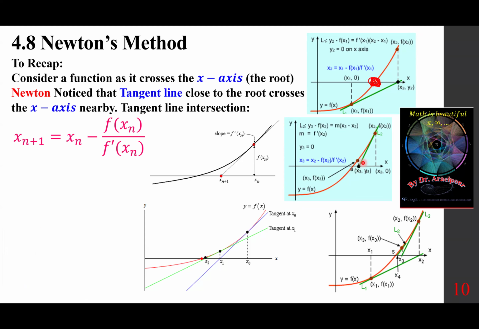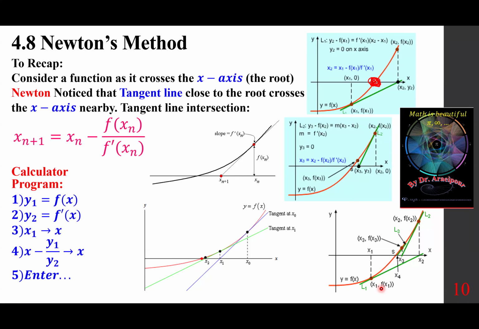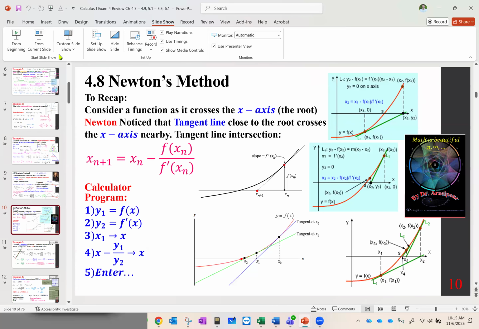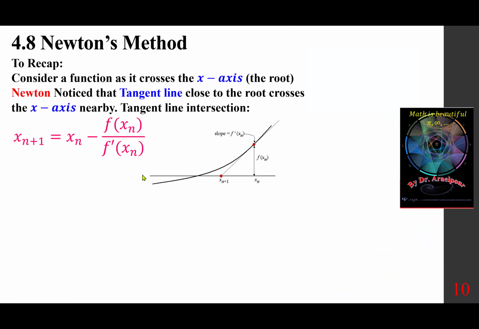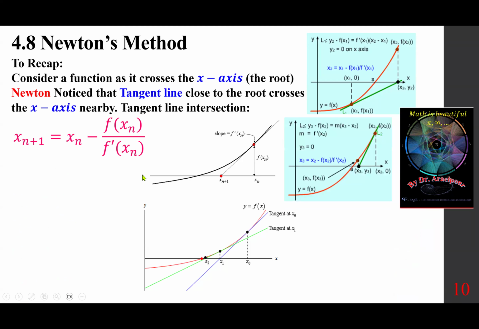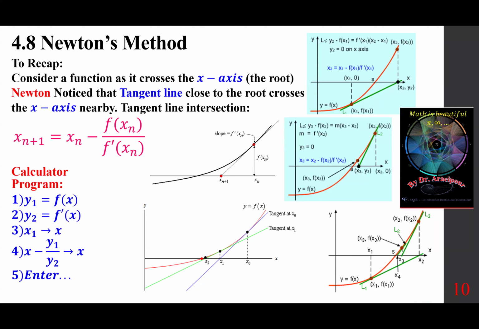And then now at this point, it's even closer. And the idea is the repeated process will give you the root. So there are equations, for example, we can't solve, and one method we use is Newton's method. Okay, class?